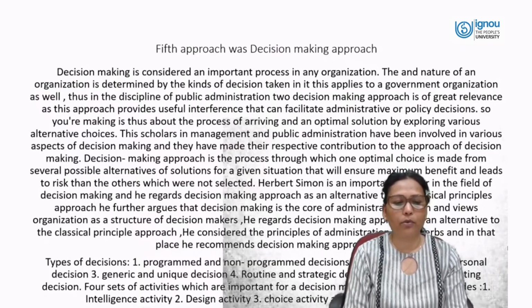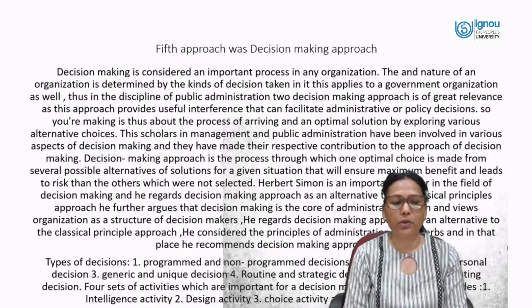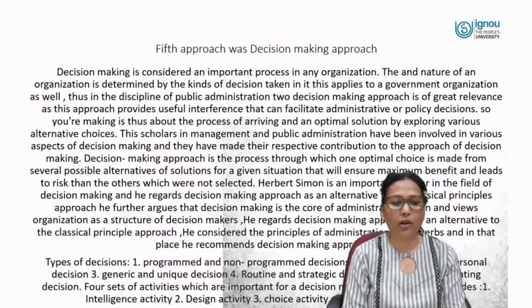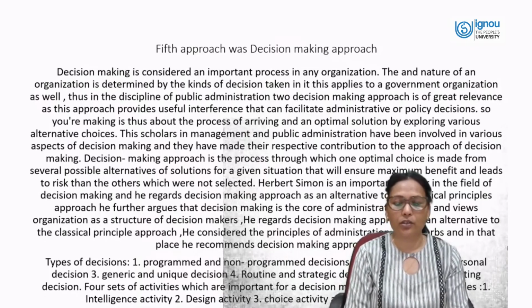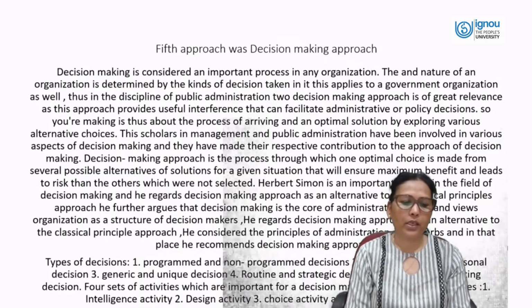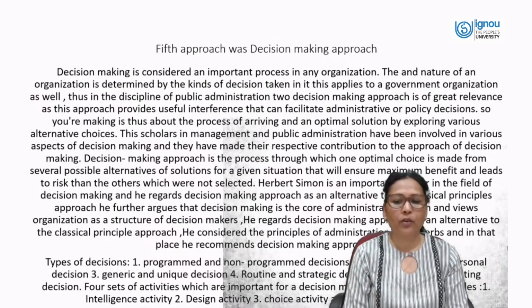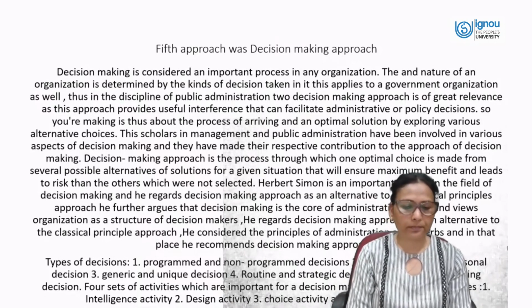Programmed and non-programmed was the first type. Second type was organizational and personal decision. Third was generic and unique decision. Fourth was routine and strategic decision. Fifth was policy and operating decision. These were the five types of decisions in the decision making approach.